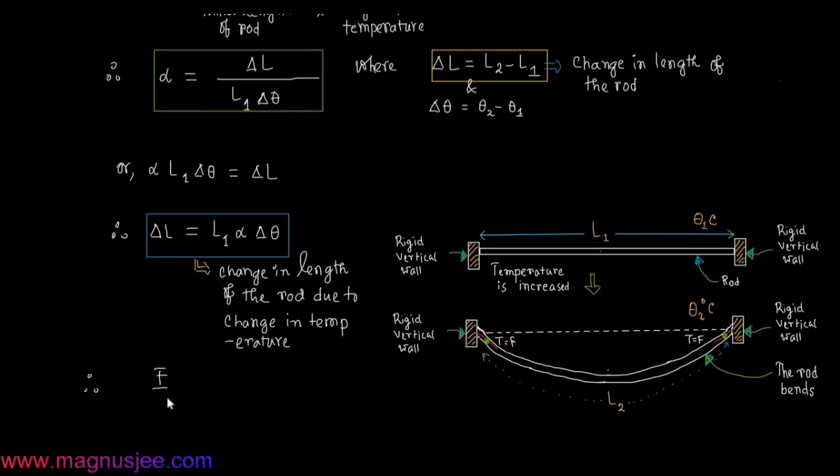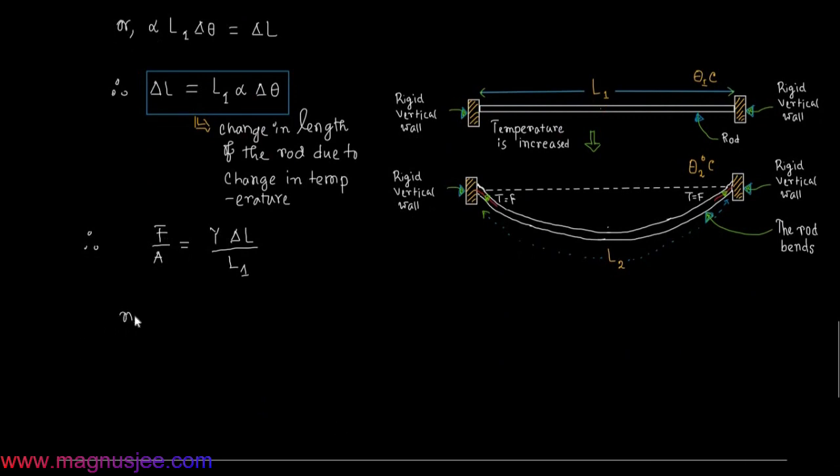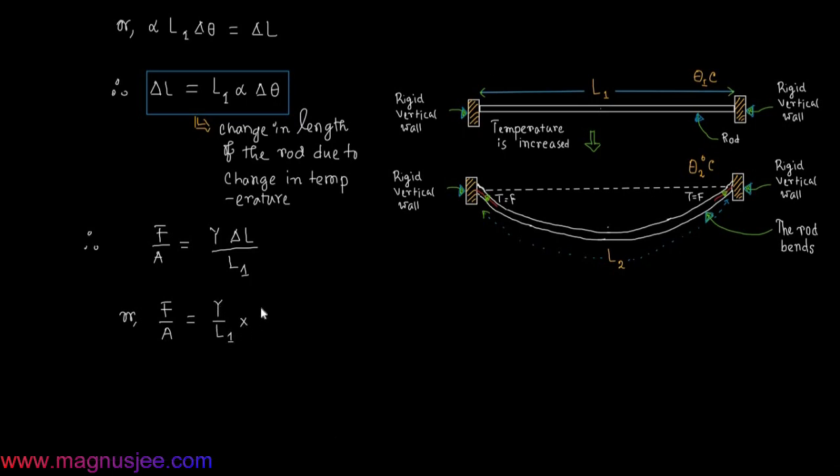Therefore, thermal stress F by A had the equation Y delta L by L1, where Y is the Young's modulus. Or, F by A will be Y by L1 into, putting the expression of delta L, L1 alpha delta theta.